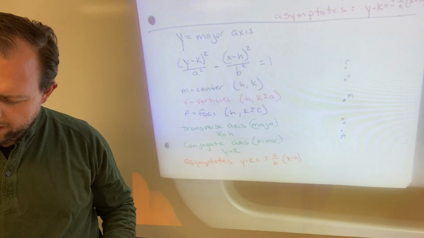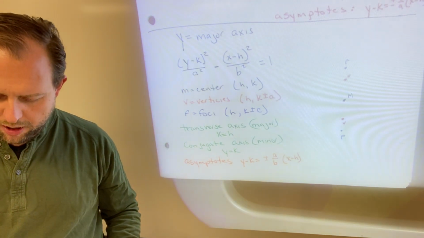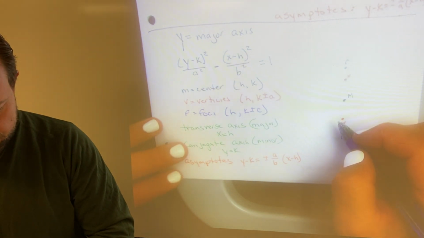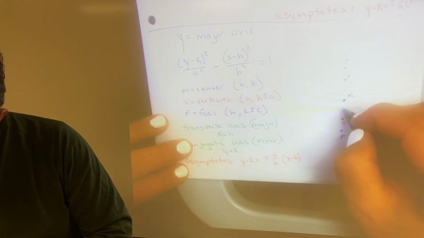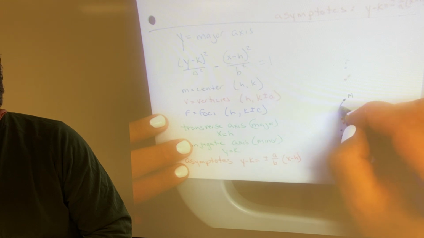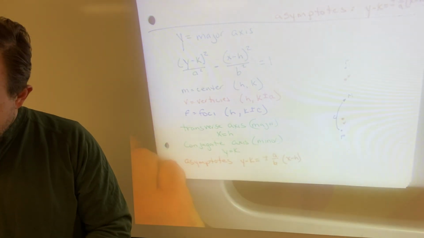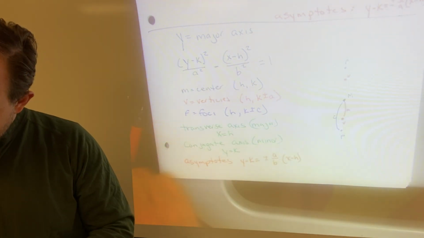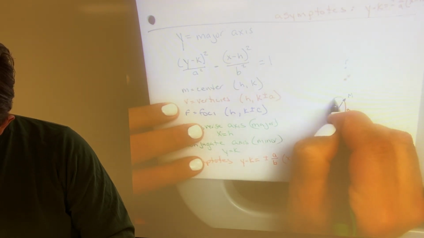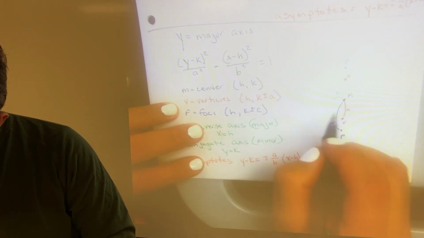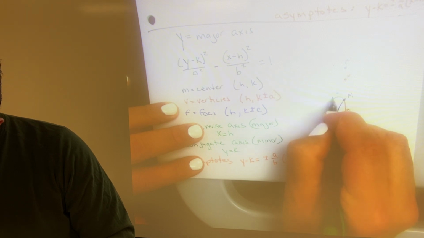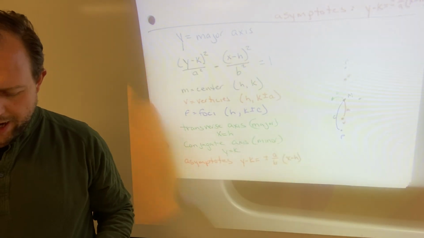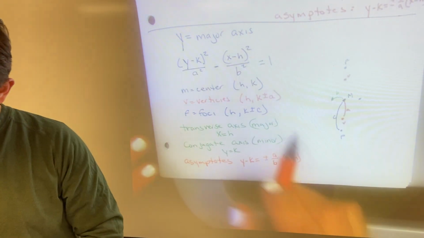And when we draw in all the parts, those foci are at c, those vertices are only a out, and once we draw b out, wherever that point is, that creates our rectangle.